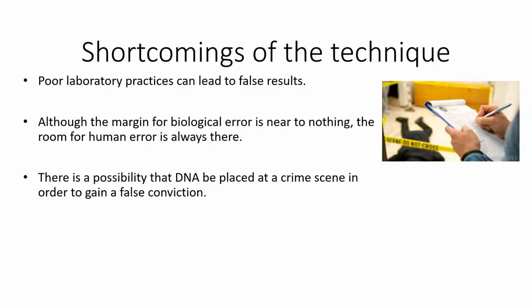Shortcomings of the technique. Several irregularities pertaining to the handling and analysis of samples and interpretation of data have surfaced recently during the course of trials involving DNA fingerprinting. They all fall into the category of poor scientific practice. Probably the most notable deviation frequently observed is the lack of appropriate positive and negative controls.